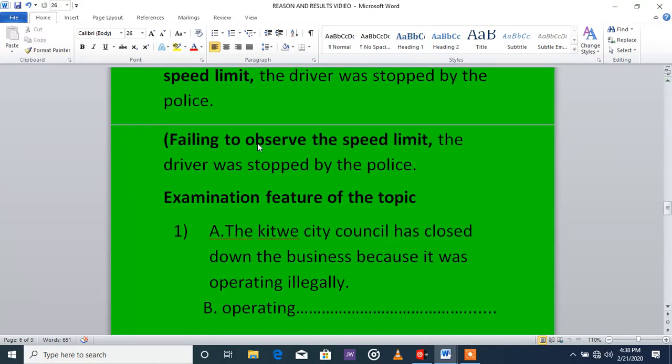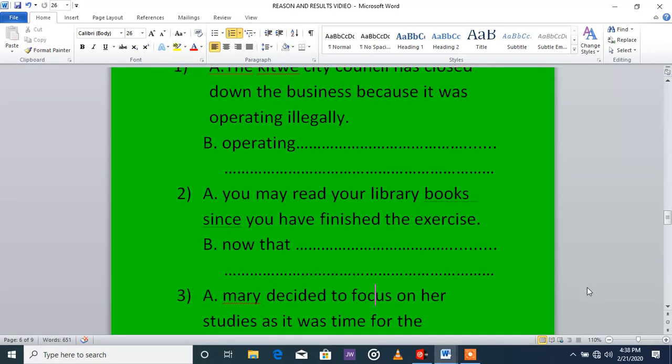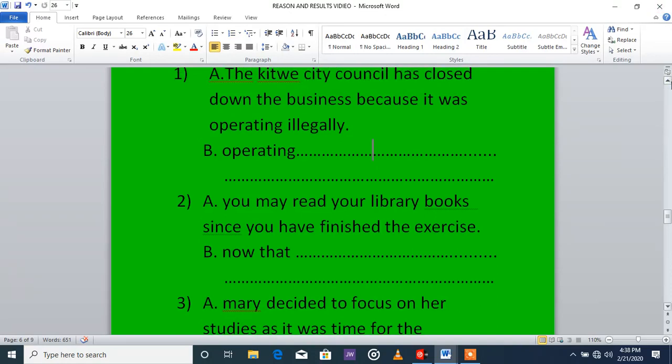Remember we just did this one. Failing to observe the speed limit, the driver was stopped by the police. So in the same way we can answer this question, which says the Kitwe City Council has closed down the business because it was operating illegally, meaning it was not having the correct documents.